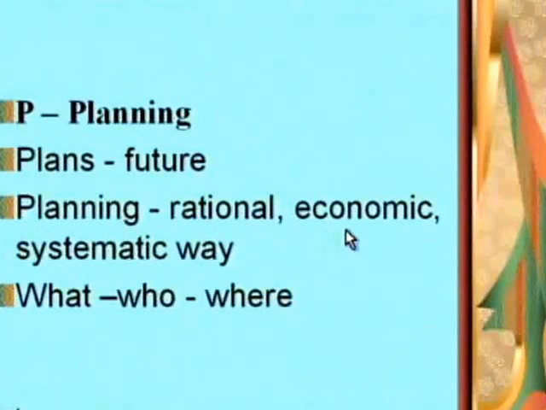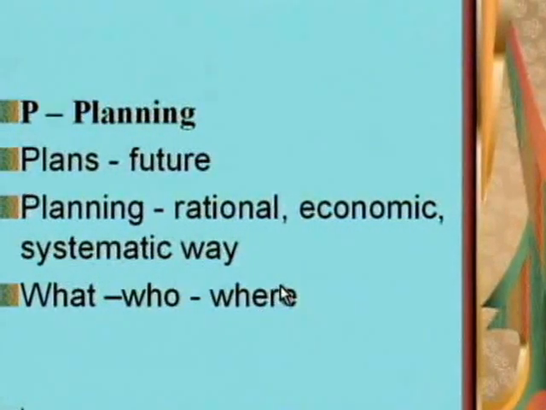Planning is a rational, economic, systematic way. What, who, where. Normally in planning, we plan for the future. And planning is a rational, economic and systematic way. What will be done in future, who will do it and where it will be done, these are all to be determined before doing any work.